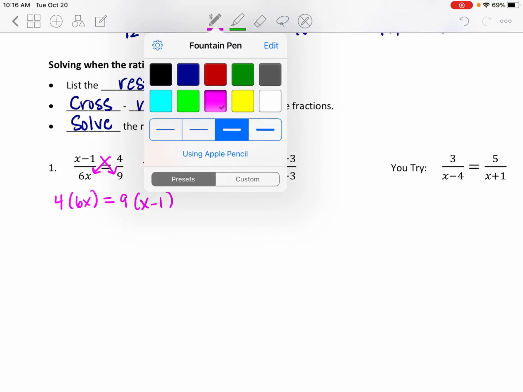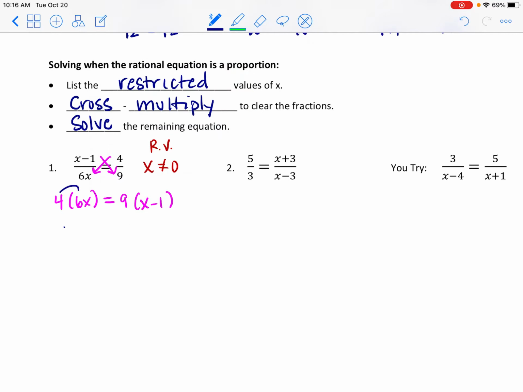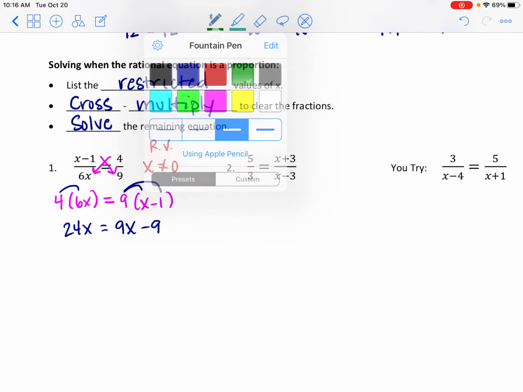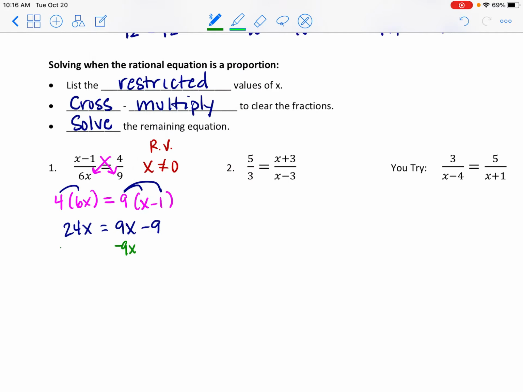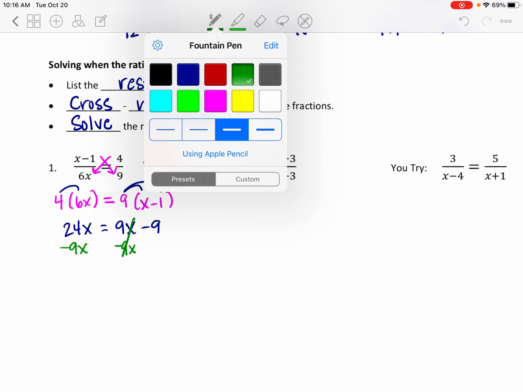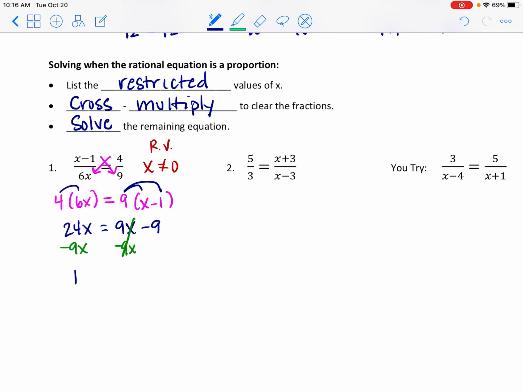And so we are left with 24x on this side equal to 9x minus 9 on the other side. And now I'm going to get my x's together. So let me subtract these 9 over. And 24 minus 9 is going to leave me 15 x's on this side, and then I still have the negative 9 here, and then it's one more step to solve.